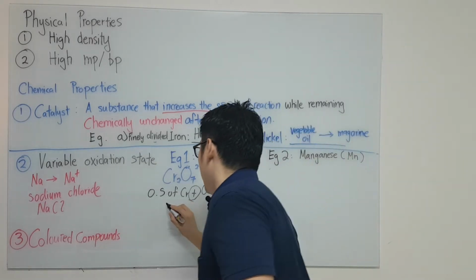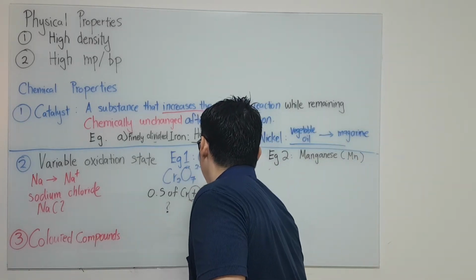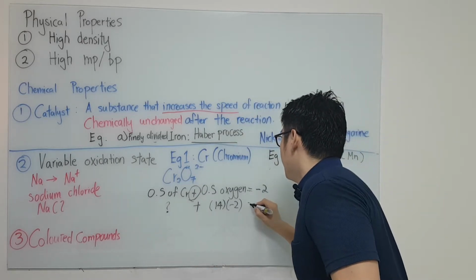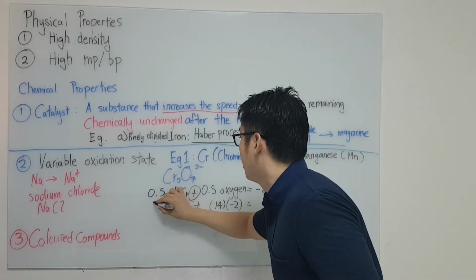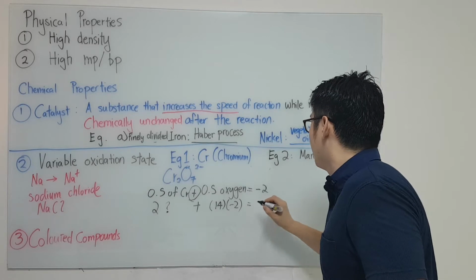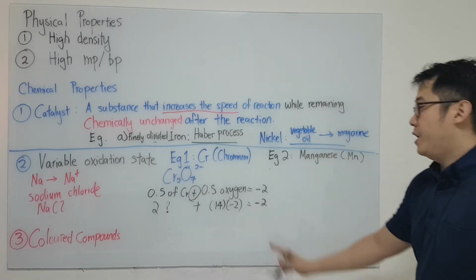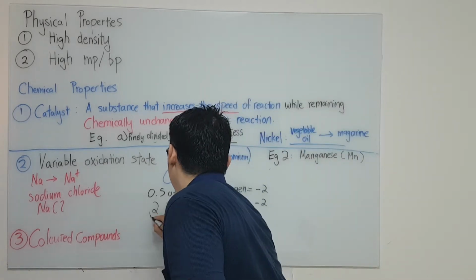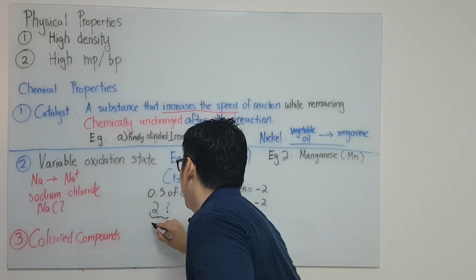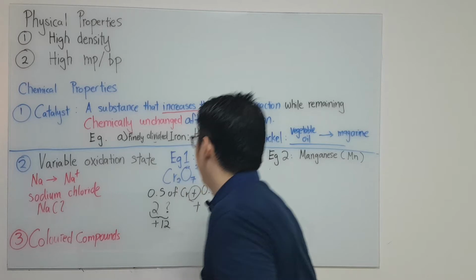This we do not know yet, is equals to -2. Now, this means if you work this out backwards, you will discover that this is actually +12.